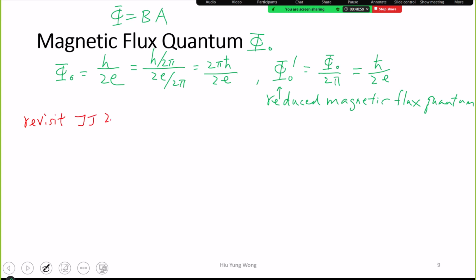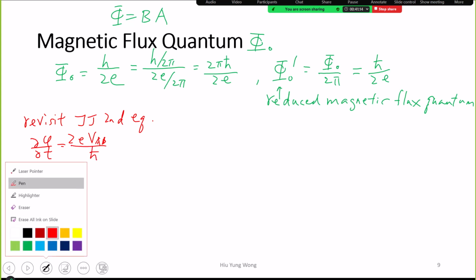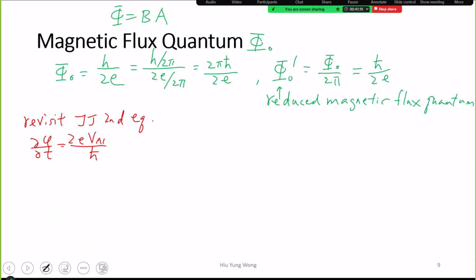The second Josephson equation, right? What does it say? Partial phi, partial t equals 2e V_AB divided by h bar. I copied it, and trust me, I copied it right.